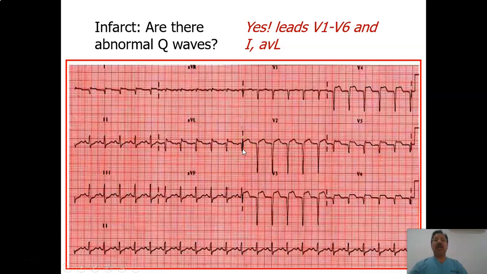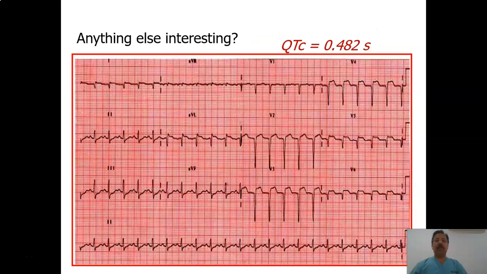Yes, in the anterolateral leads you have the Q waves, and these are very significant Q waves. Anything else interesting? The QT interval is slightly prolonged, just borderline, 0.482 corrected QT according to the heart rate, and this patient is very young and got a chest trauma as well, blunt trauma.